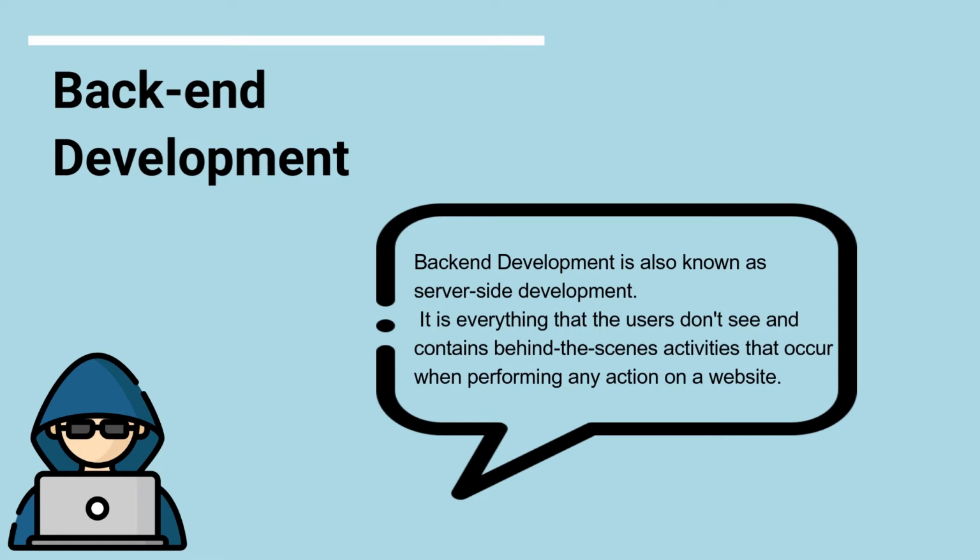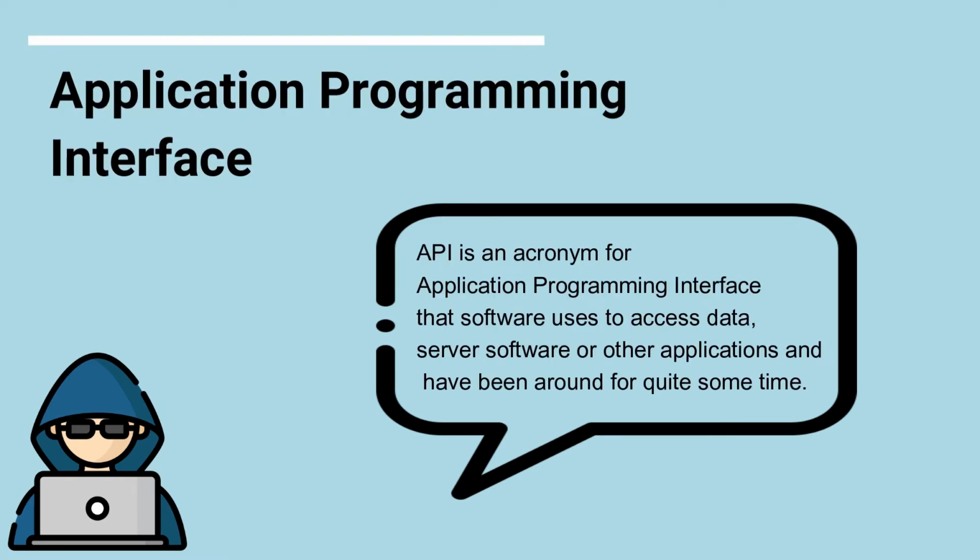It is responsible for managing all the databases with the help of queries and our unsung hero, the Application Programming Interface or API. It is an engine under the hood, behind the scenes, that we take for granted, but it's what makes possible all the interactivity we have come to expect and rely upon.